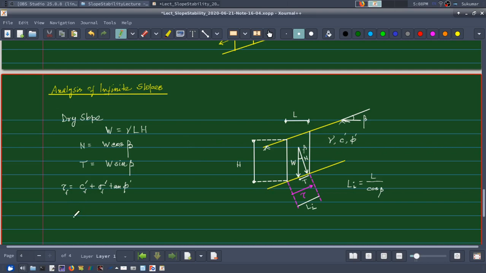Therefore, depending on the amount of straining, the full strength may not be mobilized at the failure plane; rather some partial strength, which I am calling tau m, the mobilized strength, may be available. I am denoting it by c dash m plus sigma dash into tan phi dash m.